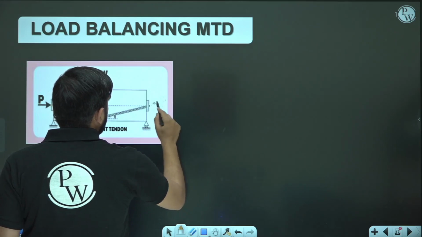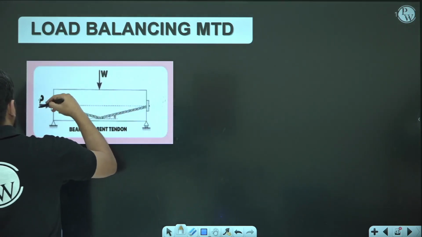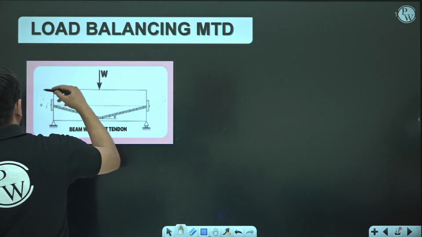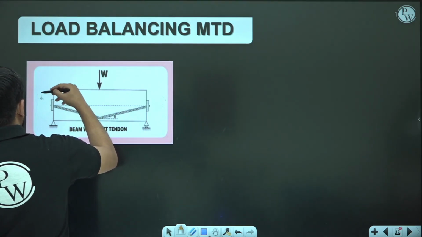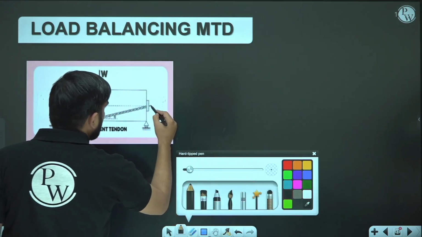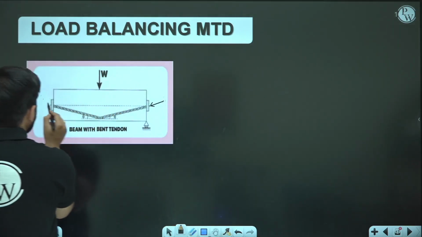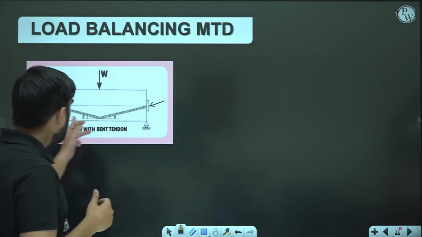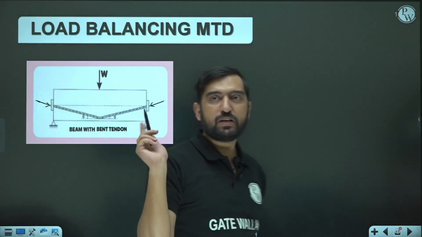Forgot to edit this. Okay, so here if I am going to apply force, it would be like this. So such varying eccentricity can also be solved by the stress method.